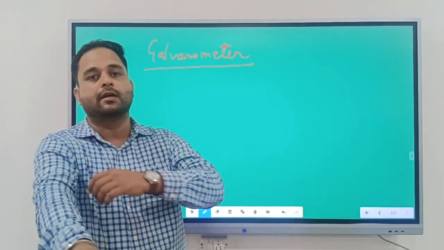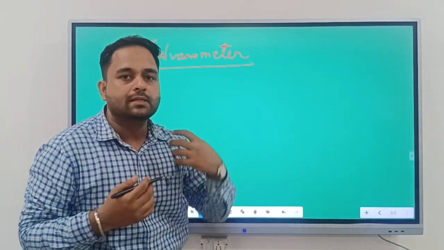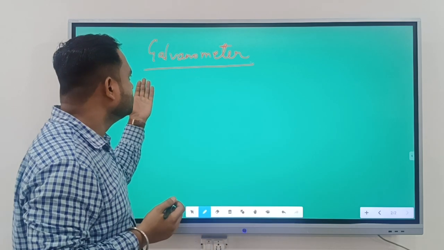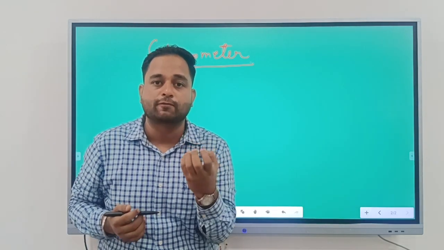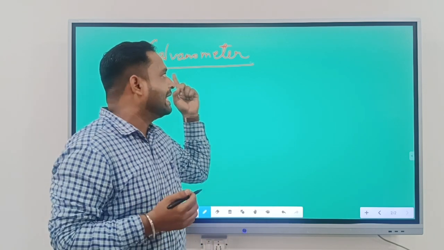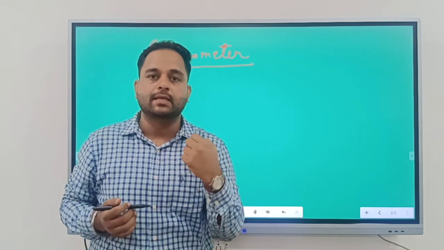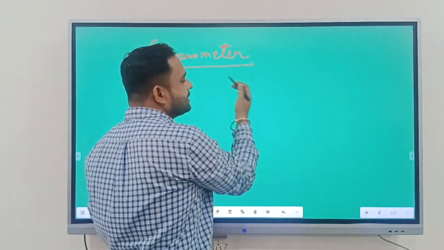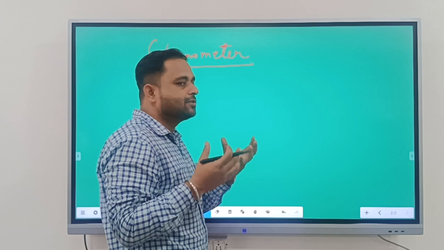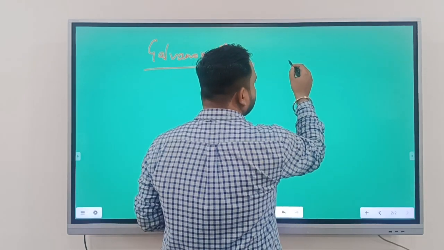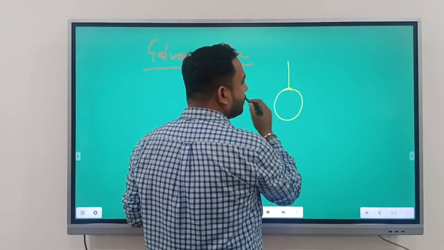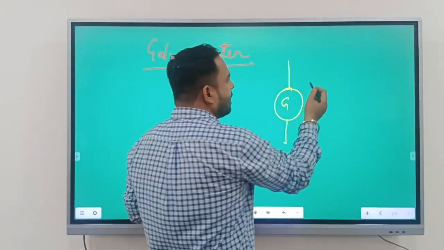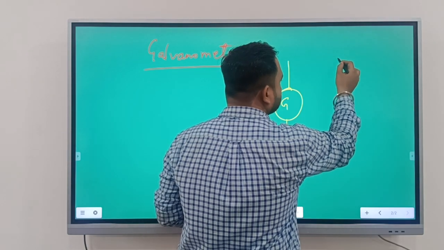Again, it's a measuring device which measures the flow of current. Alright. So an ammeter also detects the flow of current, but a galvanometer detects the direction of flow of current. Alright. So this is a basic electronic or measuring device. The symbol of galvanometer is G, and how can we read the galvanometer's value?